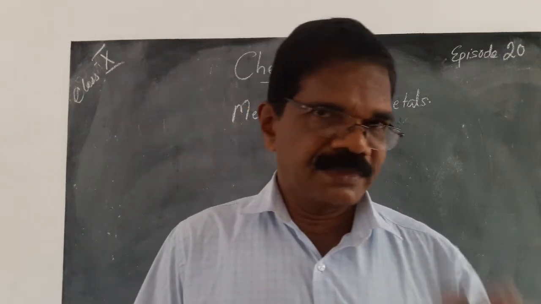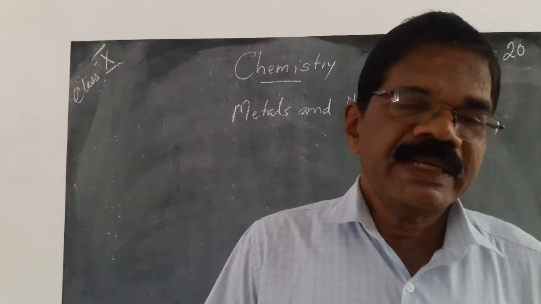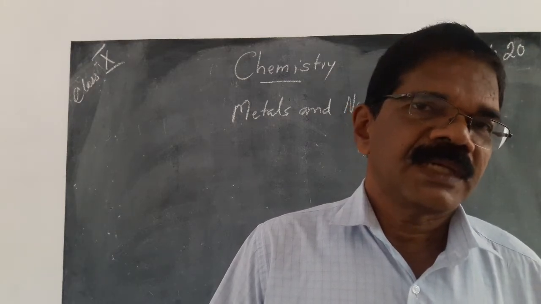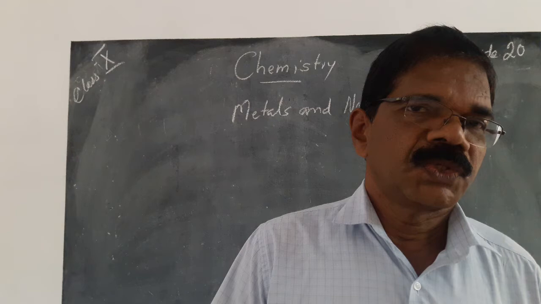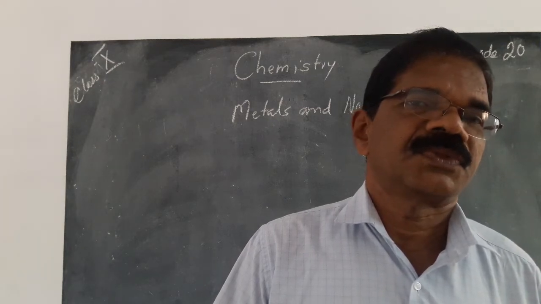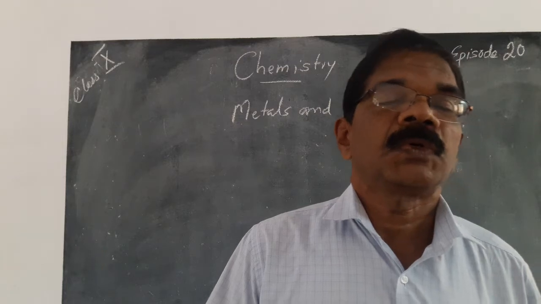But when ions are formed, when sodium combines with chlorine and sodium chloride is formed, sodium gives one electron to the chlorine atom.